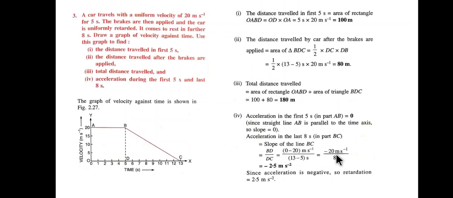So 20 meters per second is the distance BD, and it is negative, so minus sign, divided by 13 minus 5, that is from this point to this point, which is equal to 8 seconds. When you simplify this, you'll get minus 2.5 meters per second squared. This means the acceleration is negative, or we can simply say it's the retardation of 2.5 meters per second squared.